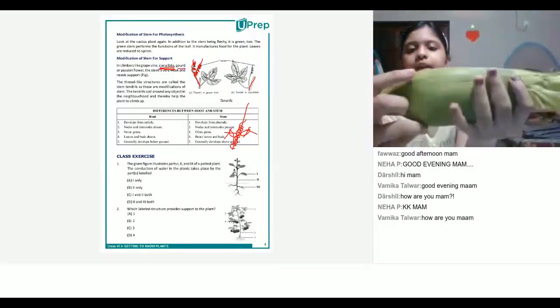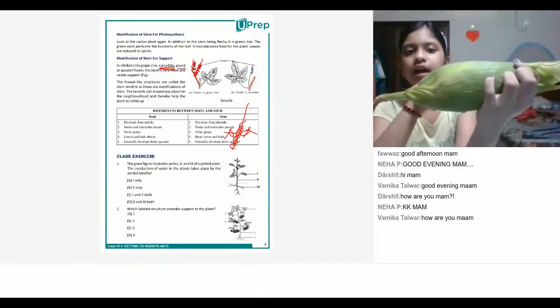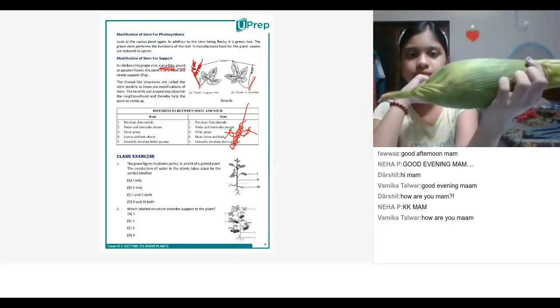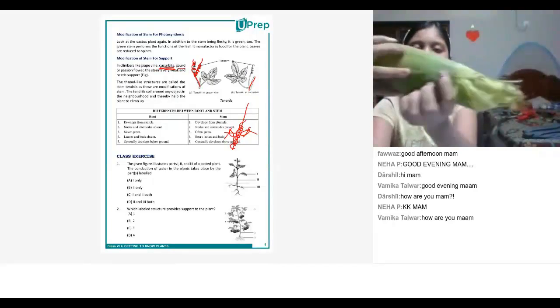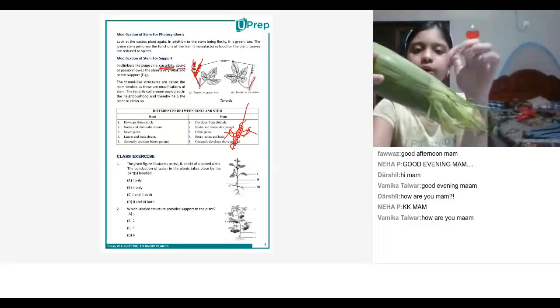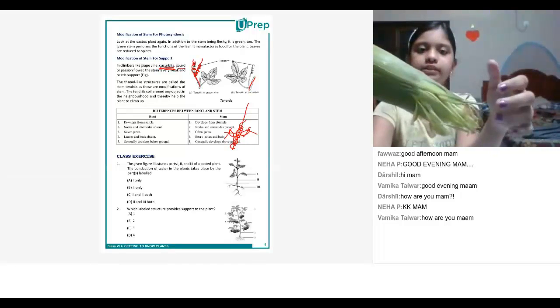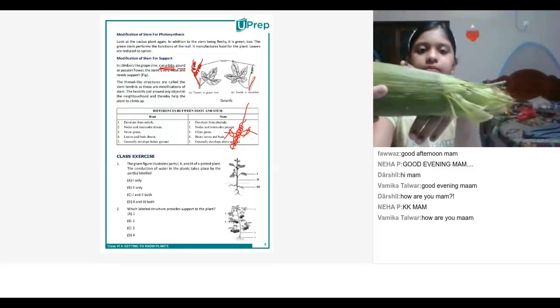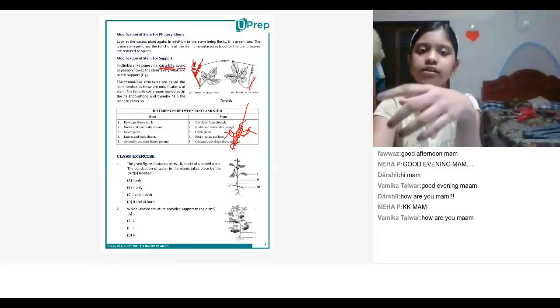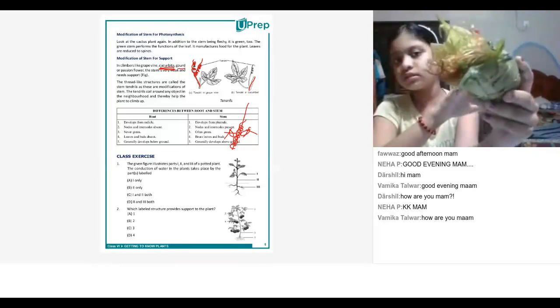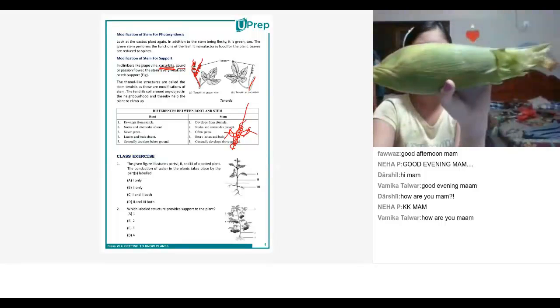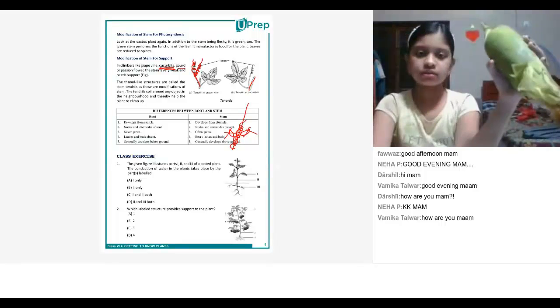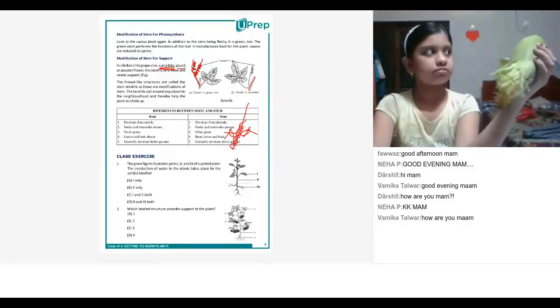This is maize. Ma'am, then which root is this having? This is not a root. This is the fruit. No, ma'am, I understood, but this is having a root, right? Which root does it have? That's not the root. What you're seeing is not the root. Those are the hairs. The root will be only at the end of the stem. This is a fruit.